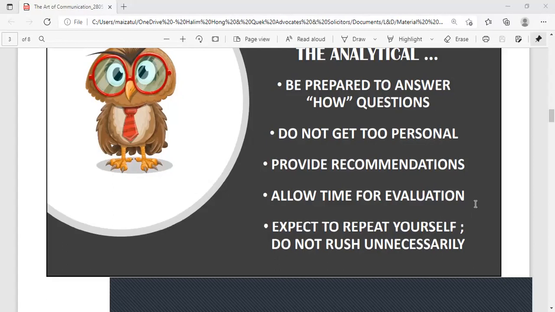Then you must expect a delay in getting a decision for that proposal. From the chart explained by Jim just now, this person is patient and takes time to give a decision, so you need to give them time to provide a decision.